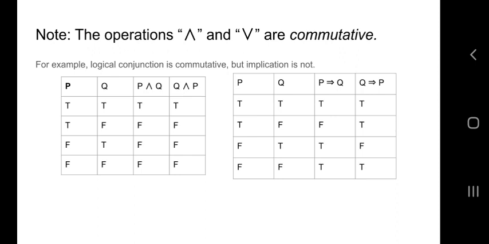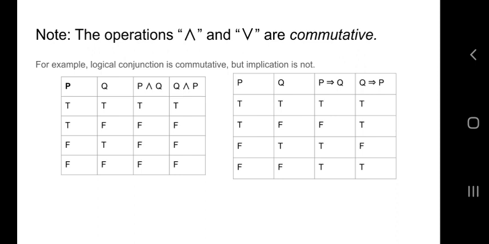Okay? And then on the right here, we can see that implication is not commutative. Recall that P implies Q is only false when P is true and Q is false. So if you look at the P implies Q column, the third column there, the only time it's false is the second row, because P is true and Q is false.